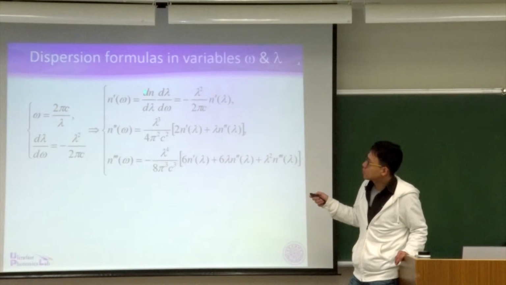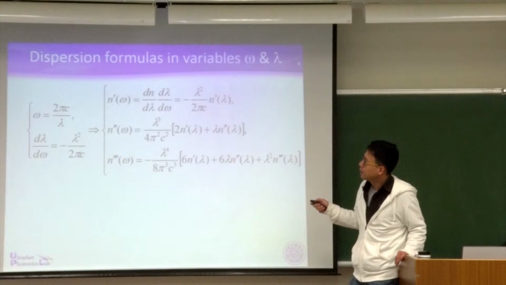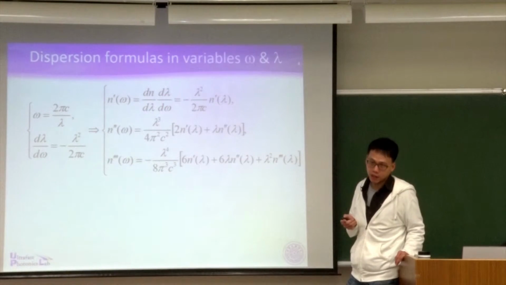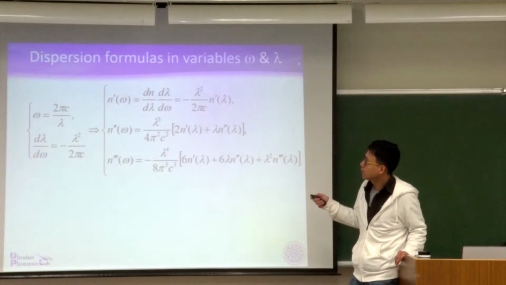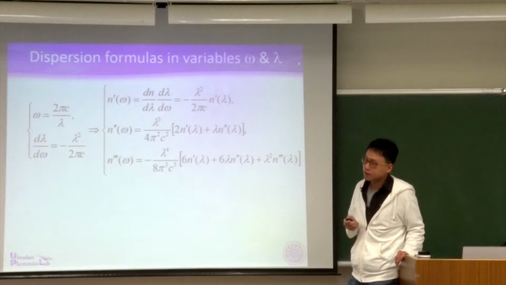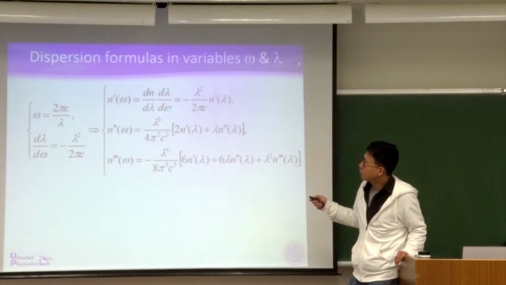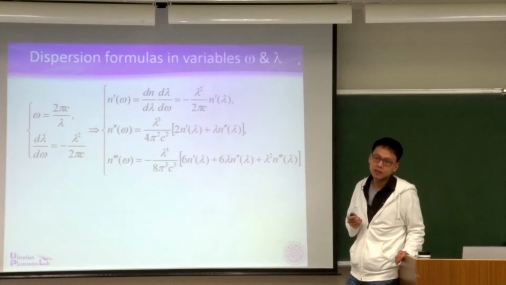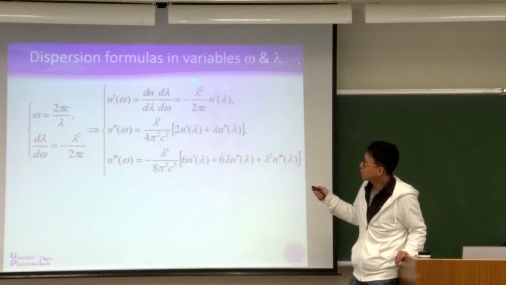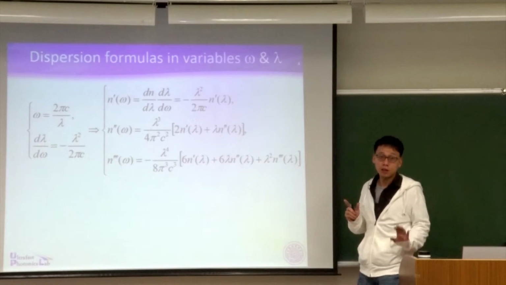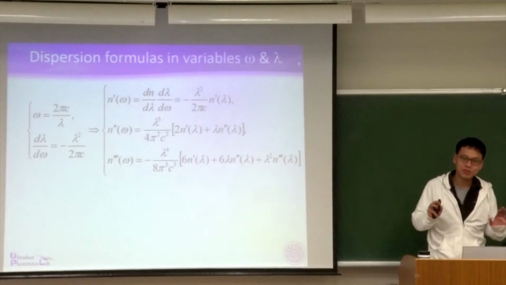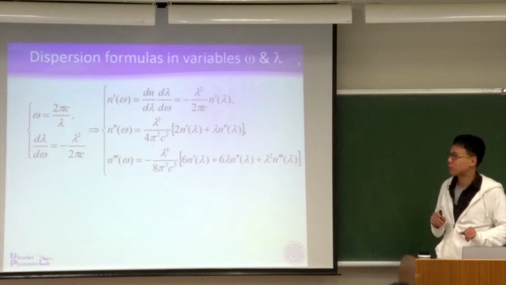So you can use the chain rule. n prime omega equals dn over d lambda times d lambda over d omega. This is the chain rule. And dn over d lambda is n prime lambda. And d lambda over d omega, you can borrow the formula we just derived. So together, you get this relation. Any question? It's just a chain rule application.